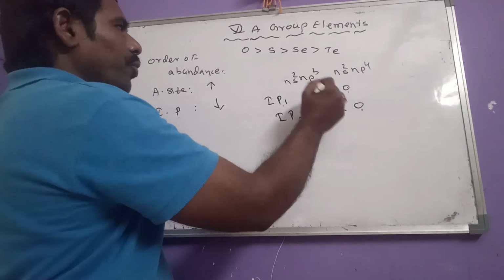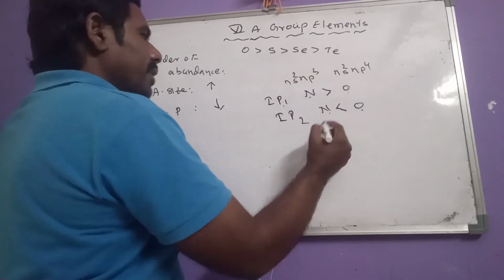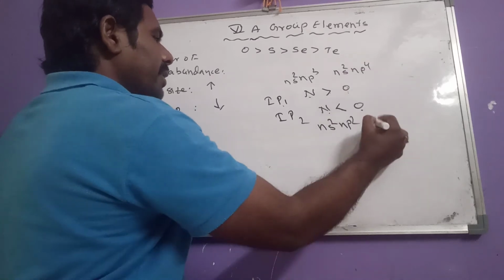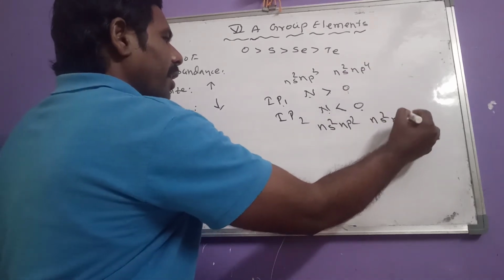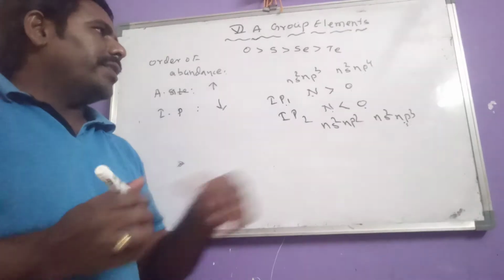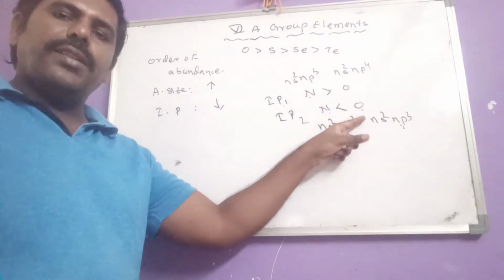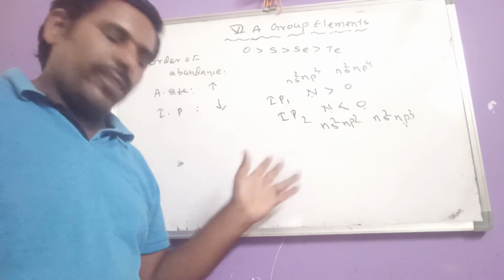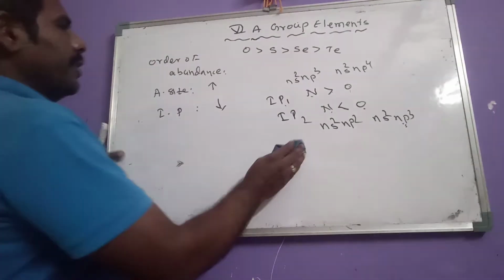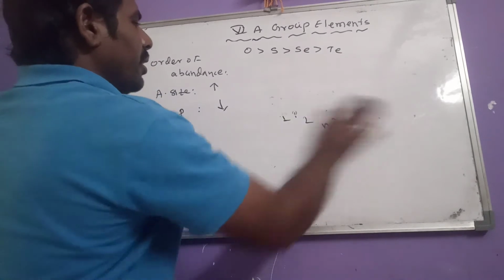But after removal of one electron, oxygen's configuration becomes ns2np3, which is half-filled. So for this reason, the second ionization potential of oxygen is more than that of nitrogen. We have to remember this regarding ionization potential.